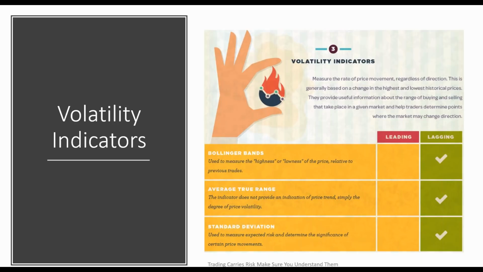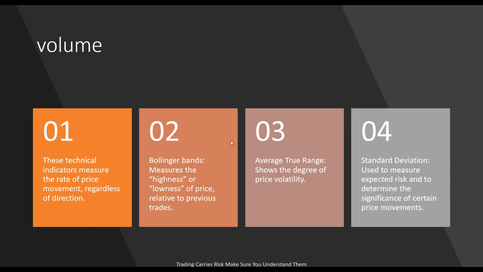Then we also included volatility, and we did that with Bollinger Bands. Okay, these are all lagging indicators. These technical indicators measure the rate of price movement regardless of the direction. Bollinger Bands measure the highness and the lowness of price relative to the previous trades by developing the band.